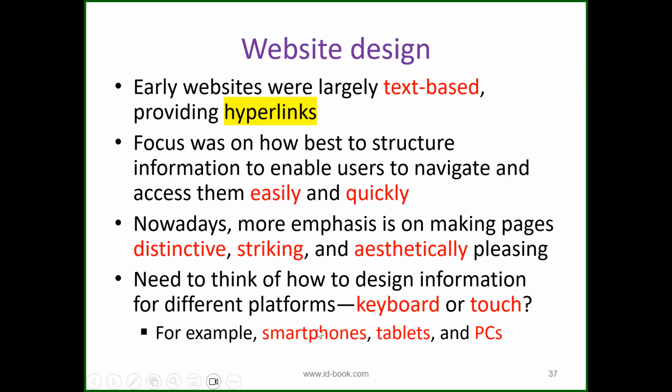Need to think how to design information for different platforms. Now, when you have a website, we have different types of devices in which this website can be opened. So the developer has to be careful in designing the website. For example, I can open the KFU page from my smartphone also, right? I can check my emails from a smartphone and my smartwatch also, right?